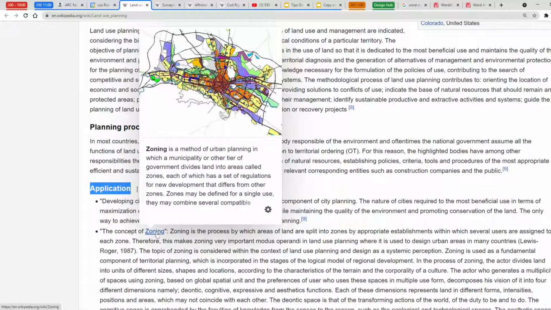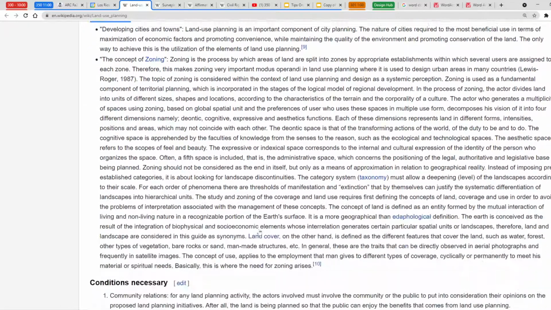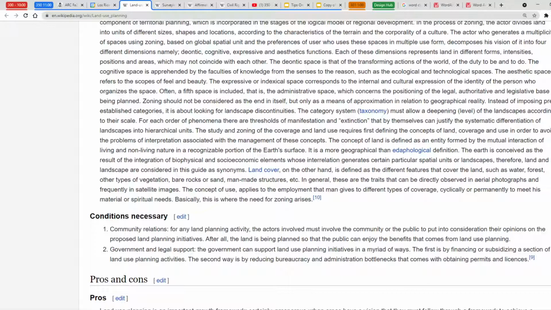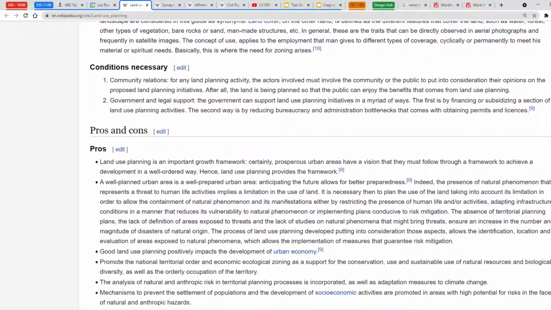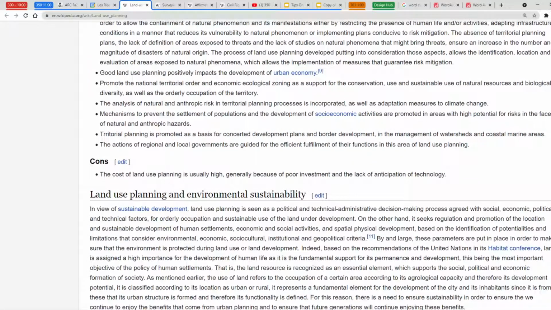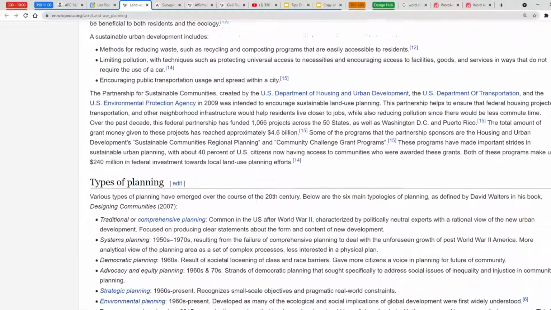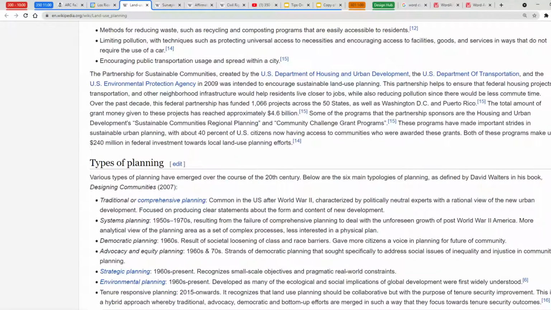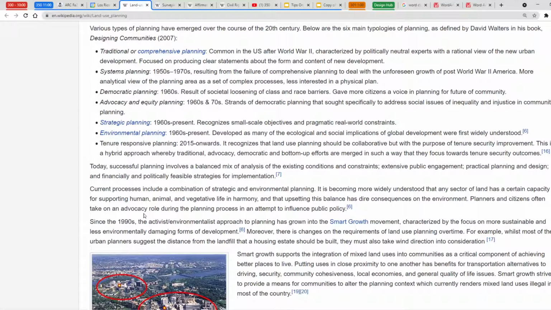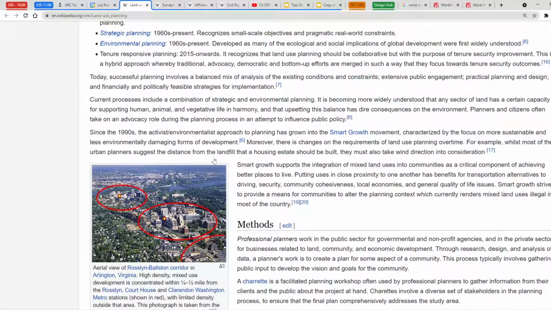That's really important. Conditions that are necessary. What's good and bad about it? How can it be used well? What can it be bad about? Types of planning. You don't have to know about all those. You just want to know that they exist.